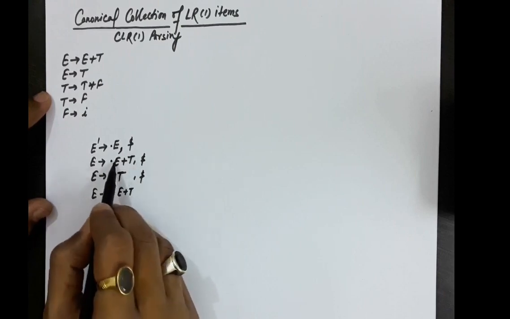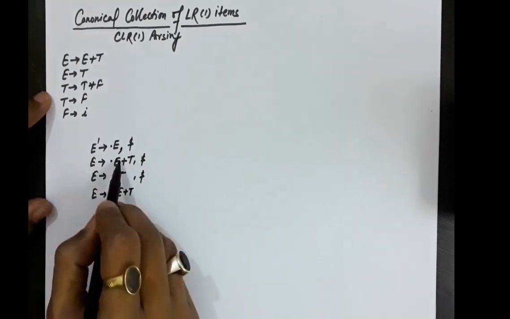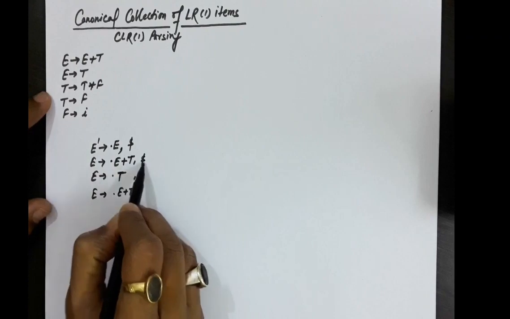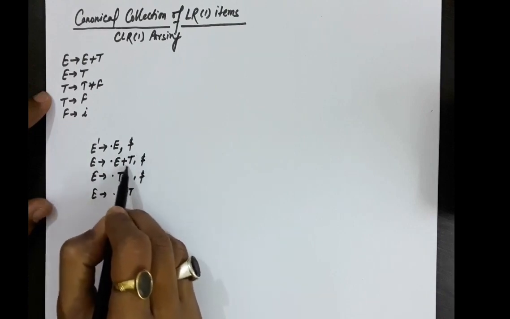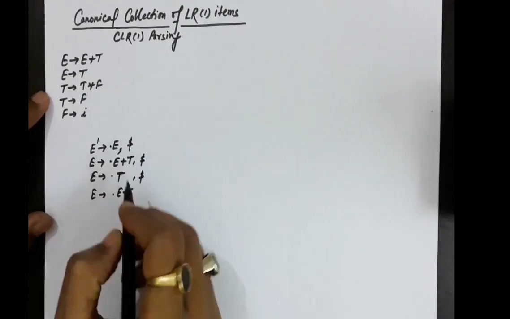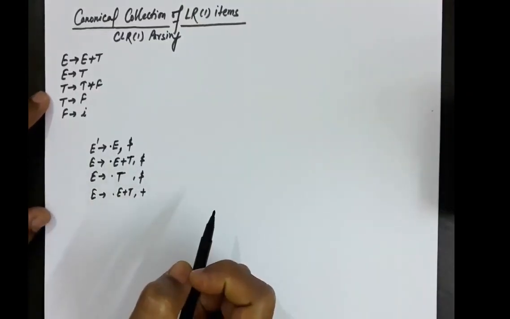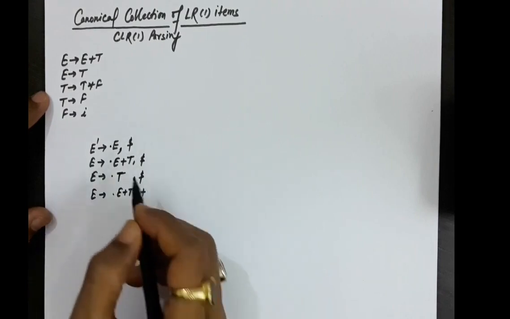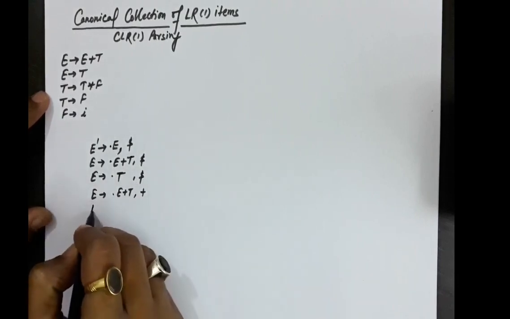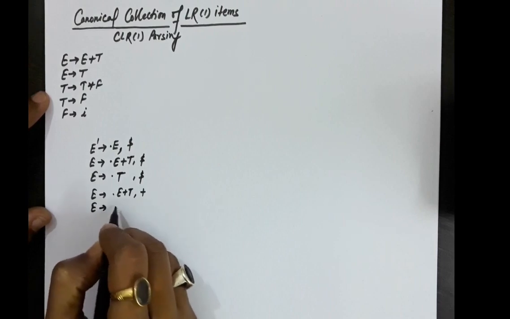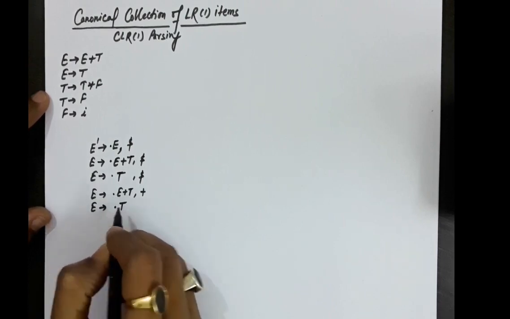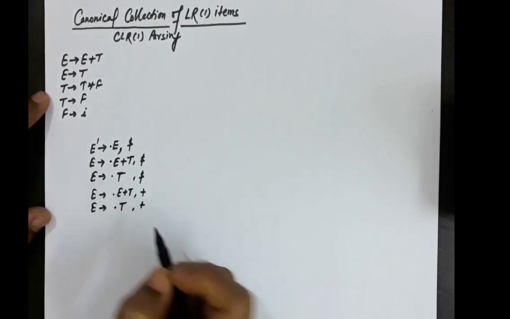We are starting with this one, so the look ahead will be first of plus T and dollar, which will be plus. So we will add a plus here. Similarly, you will be writing E produces dot T and a plus as a look ahead.